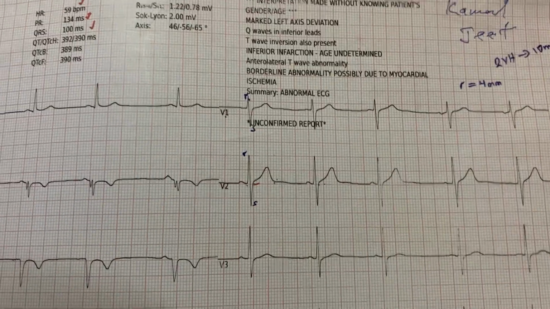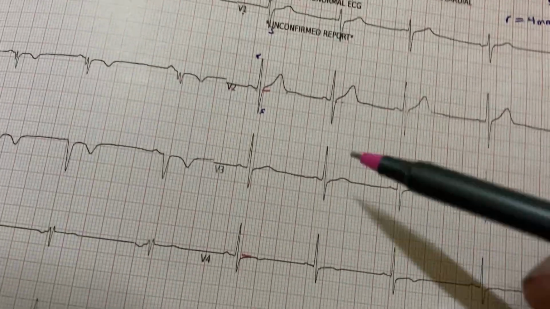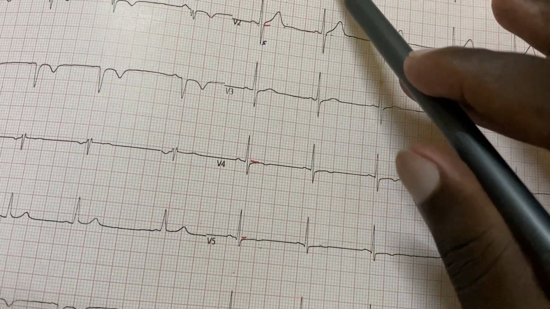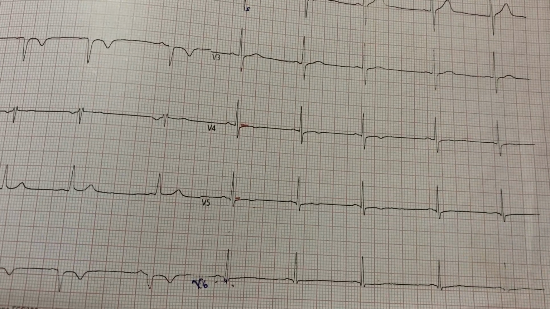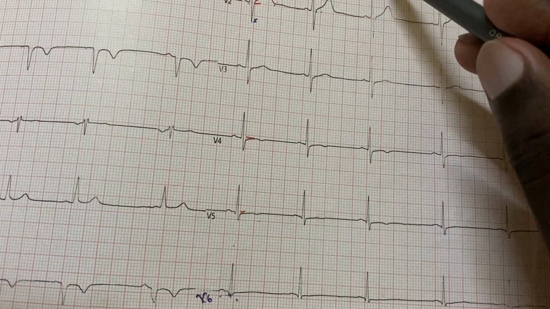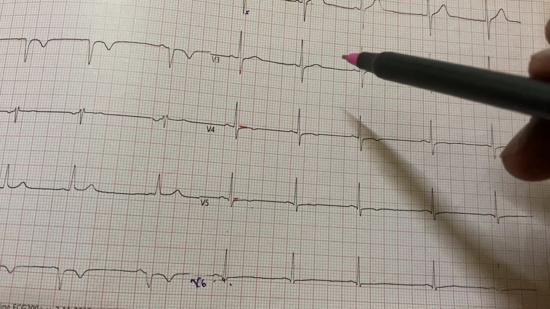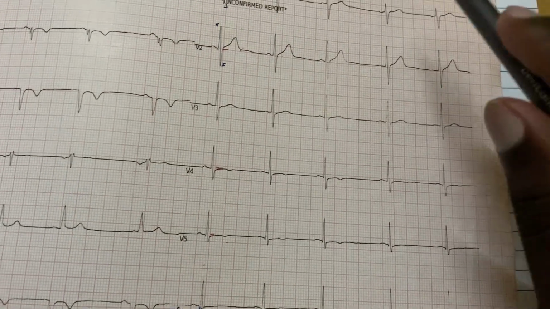So with LVH, this S is showing the normal depolarization towards the left. It is going to be very tall because the left ventricle is excessively thick. It has to be thicker than the RV, but now it is excessively thick.